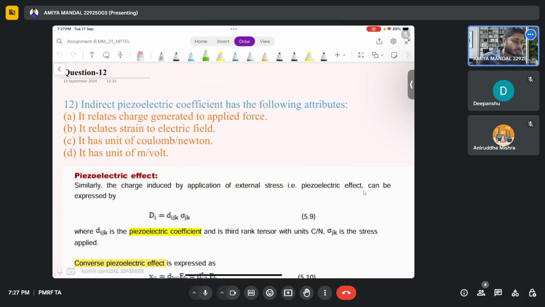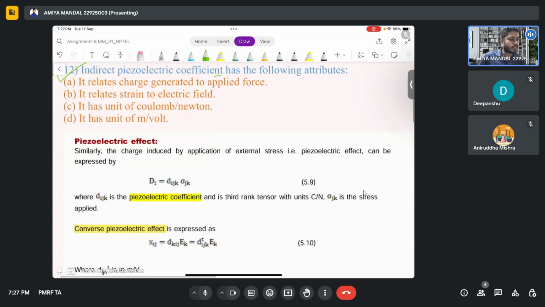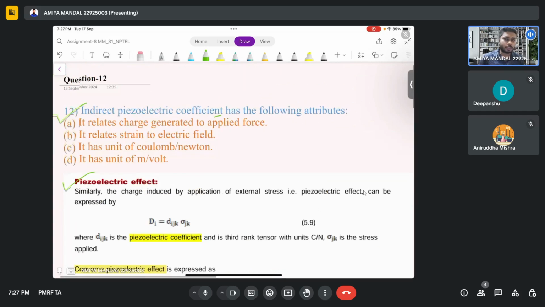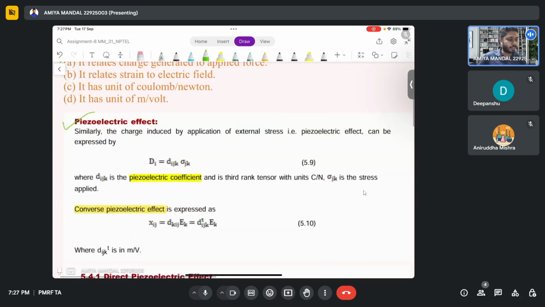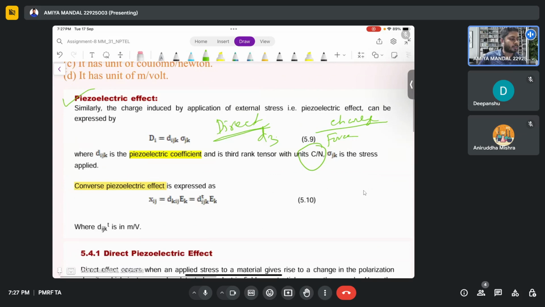Now, question number 12 tells us about the indirect piezoelectric coefficient and its attributes. We already know about the piezoelectric effect. The direct piezoelectric effect tells us about what? Charge created per unit force. So that's why its unit is Coulomb per Newton, where d33 values are measured.